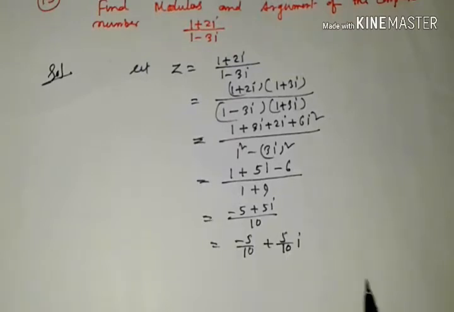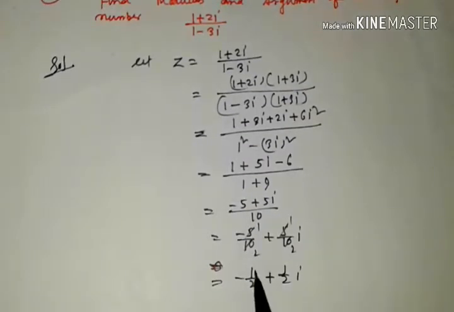We can cancel, so this is minus 1 by 2 plus 1 by 2 i.